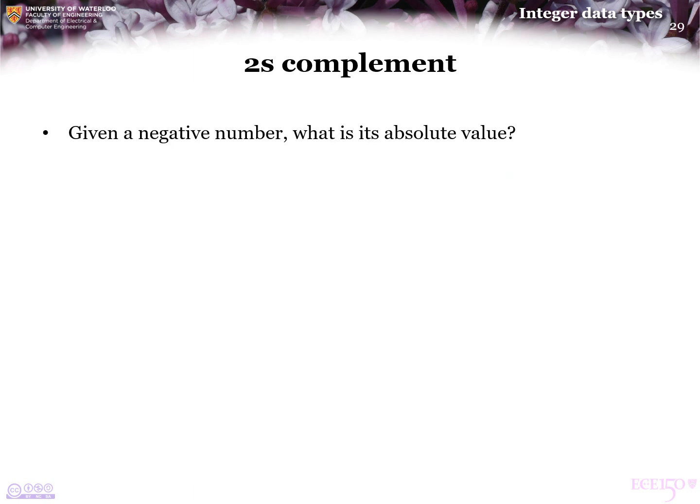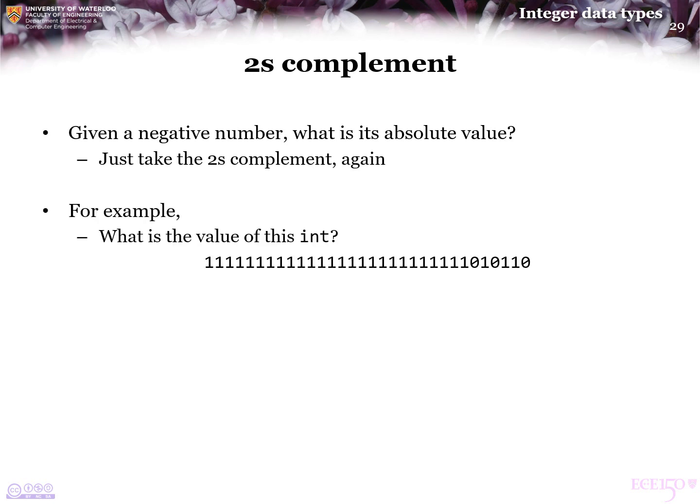Now, given a number that is negative, how do we find the absolute value of that number? Well, you just take the 2's complement again. So, for example, what is the value of this int?